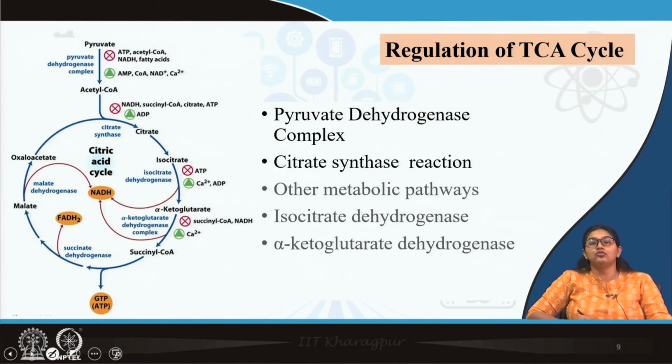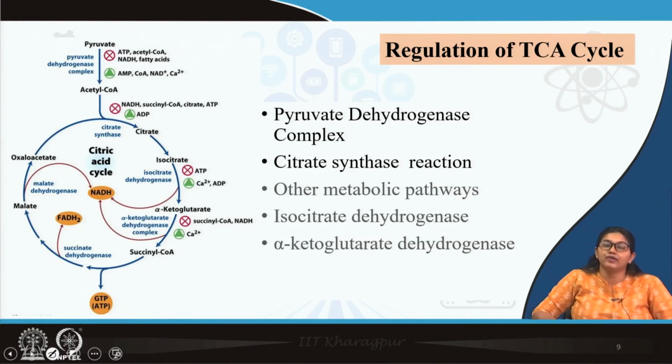Then we will go to regulation of TCA cycle. I will start from formation of pyruvate to acetyl coenzyme A to entrance of acetyl coenzyme A inside the TCA cycle. Remember, the TCA cycle is tightly regulated at two points.